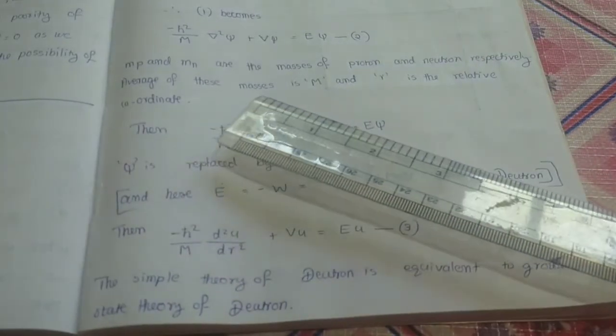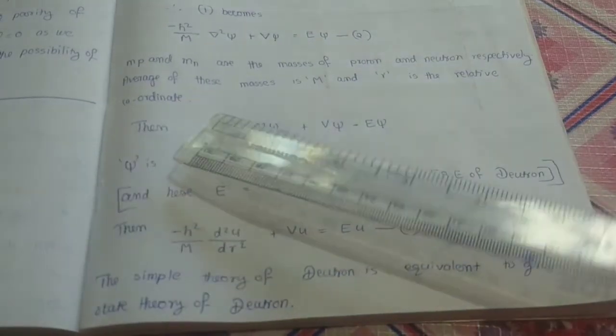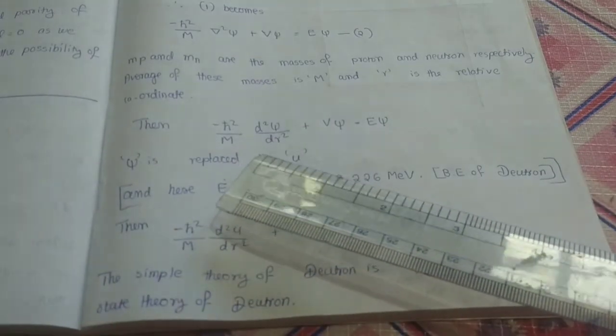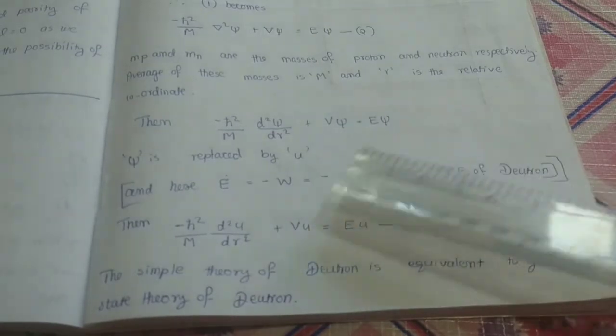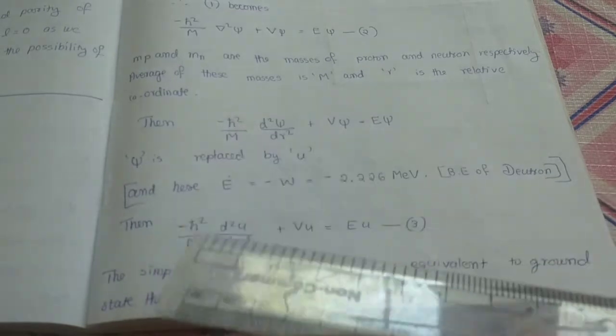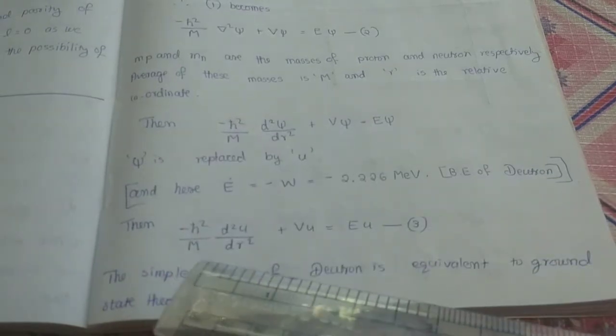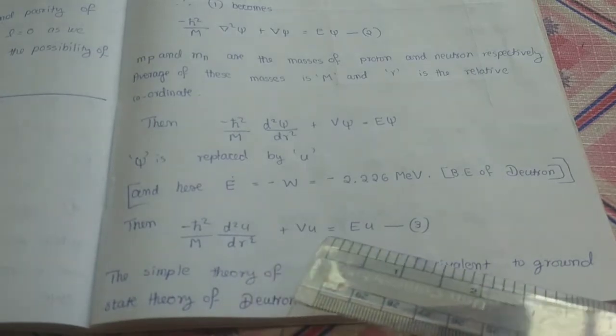The average of these masses is m and r is the relative coordinate. Then minus h cross square divided by m into d square psi by dr square plus V psi is equal to E psi. Here psi is replaced by u, then this equation will become minus h cross square divided by m d square u by dr square plus Vu equal to Eu.